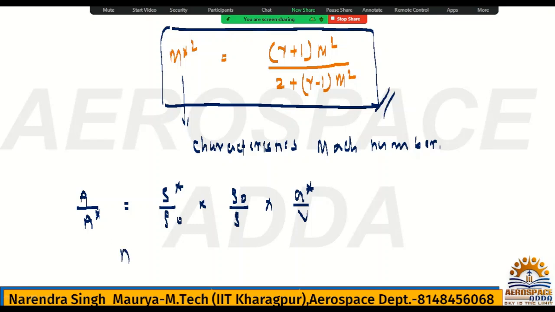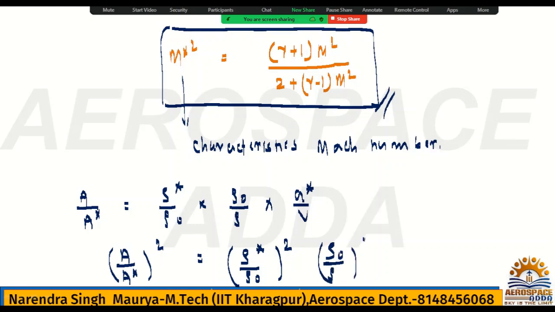It will be A by A star whole square here, then rho star by rho naught whole square, rho naught by rho whole square, and A star by V whole square.